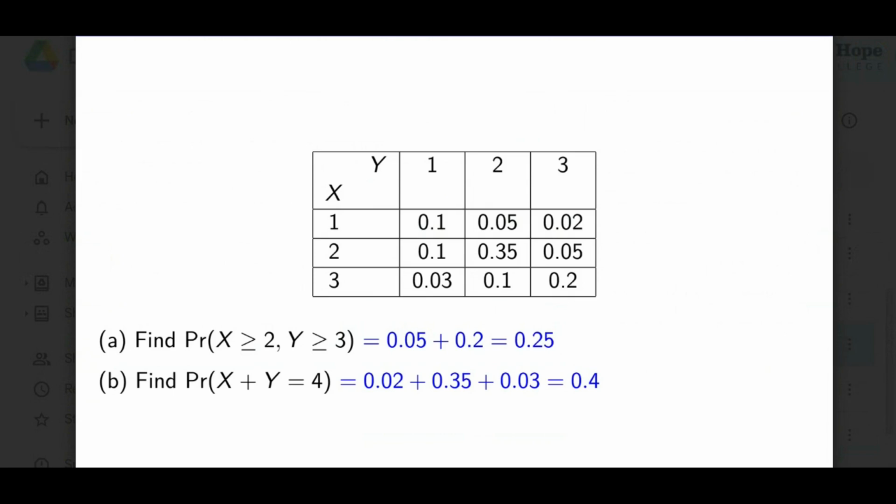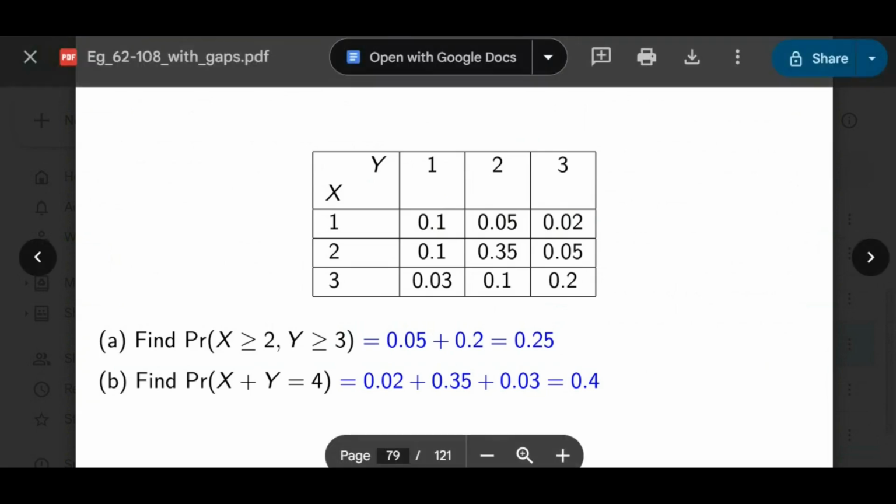You will find that your answer for questions like this would be different from if I took the product of this event times this event. If you just randomly, off the top of your head, generate a table, most likely you will not create an independent set of random variables. So it would not be true. You would have to do this from scratch and look at it case by case. You cannot simplify by splitting them up as a product like that. So that's the point I'm trying to make here.